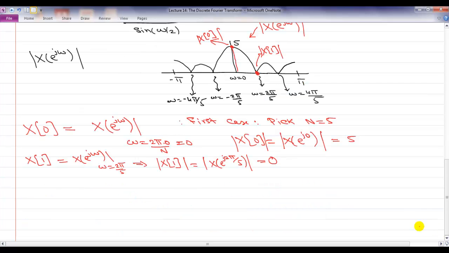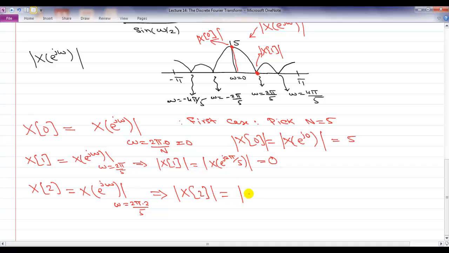Let's do that further. Say X of 2 is equal to X of e to the j omega at omega equal to 2 pi times 2 over 5. So that means that X of 2, the second sample of my DFT, equals X of e to the j 4 pi by 5.